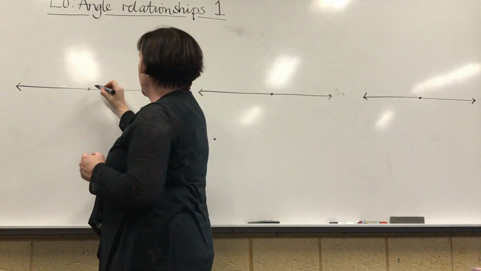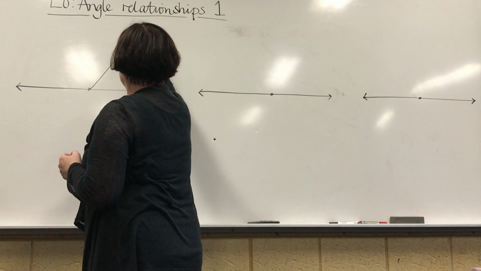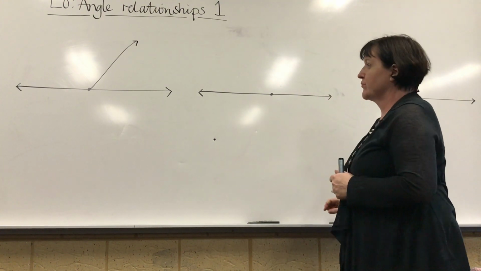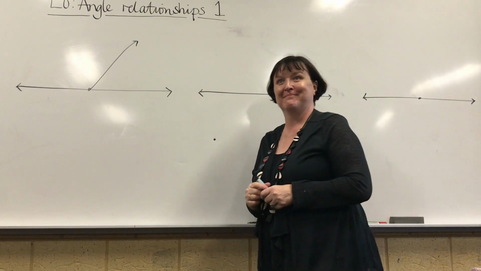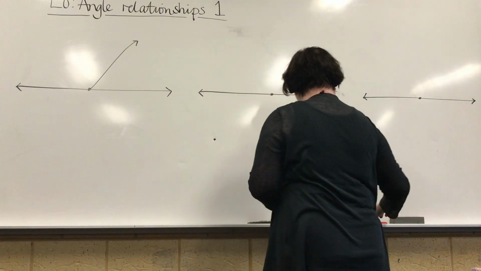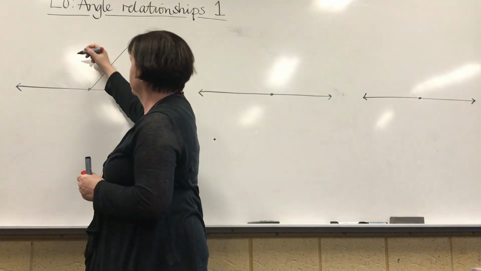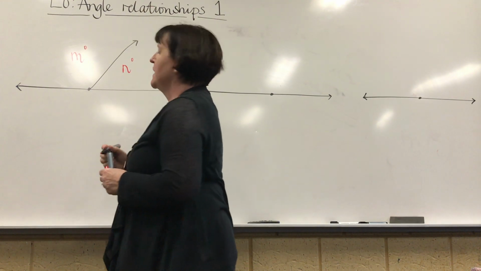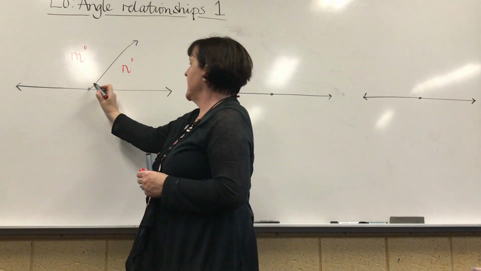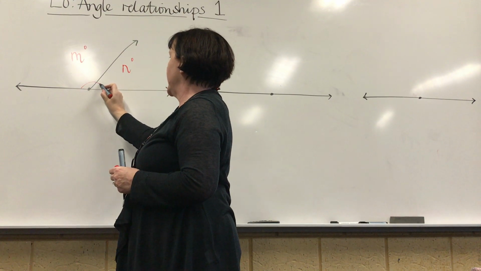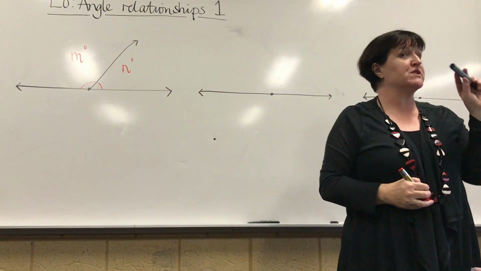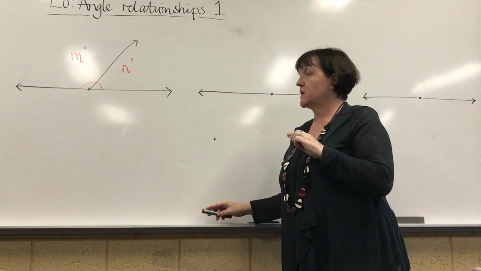And then on the first one, I'd like you to draw me a ray like that. So we've got angle M here, angle N there. Right, now, look back at what we wrote about the complementary angles.